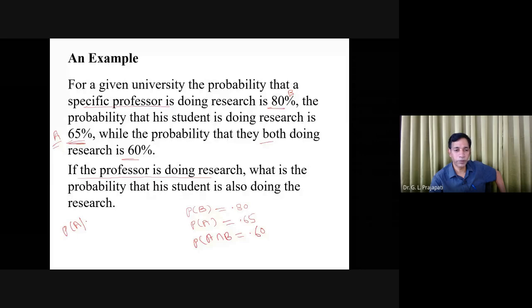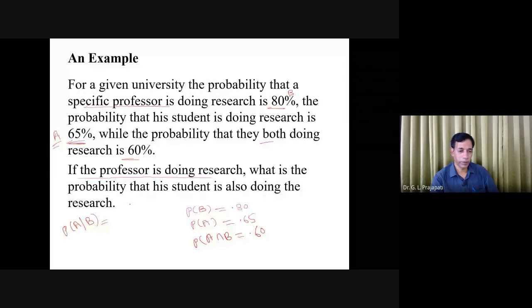So professor means B. We are going to compute the probability of A given B. It is given that the professor is doing research, which means this event has occurred.